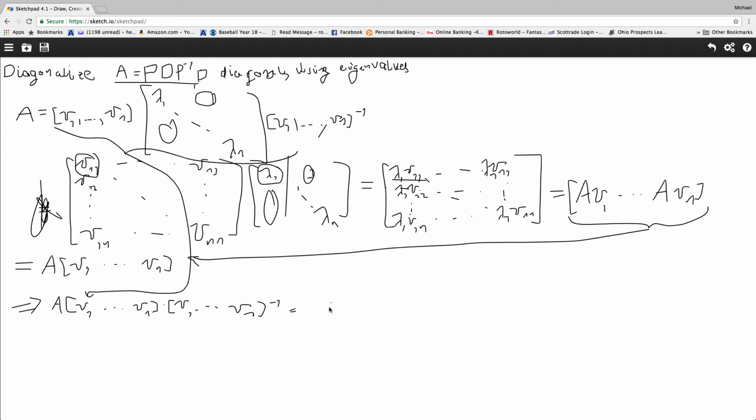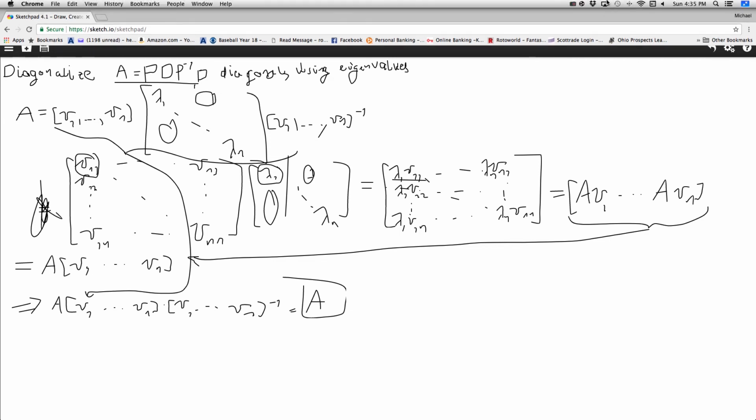And of course we get A times the identity, which is just A. So I'm actually going to prove that A times each individual vector in here, the thing generated by that, is the same as just A times each individual one. So that'll complete the proof that you can diagonalize using the eigenvalues.